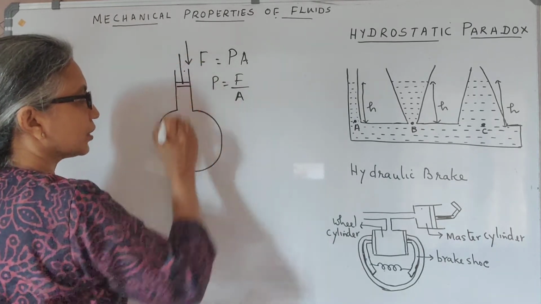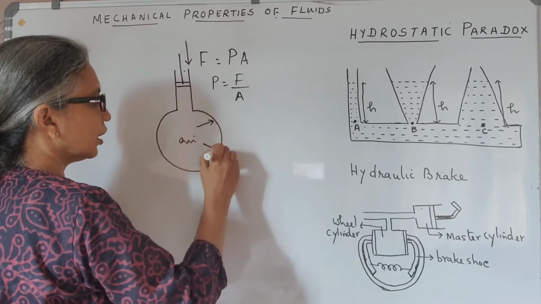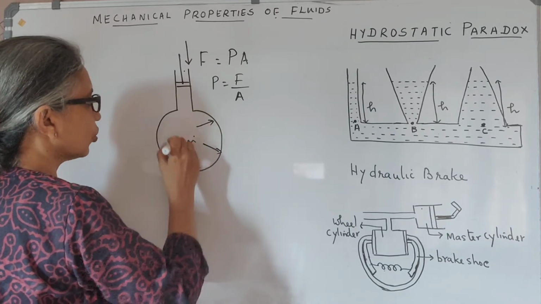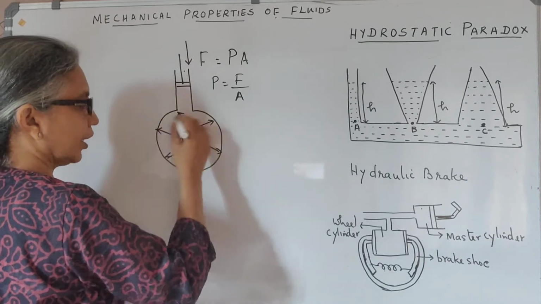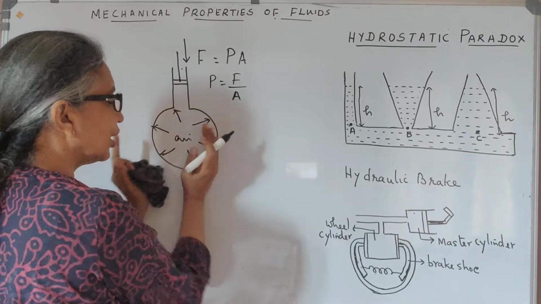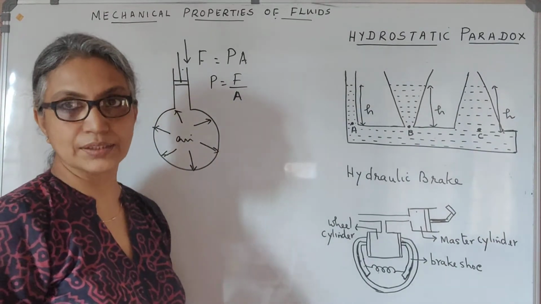This pressure that you exert here will be transmitted equally and undiminished to all parts of that fluid. Everywhere it will be exerting equal pressure, and this is what Pascal's law states.